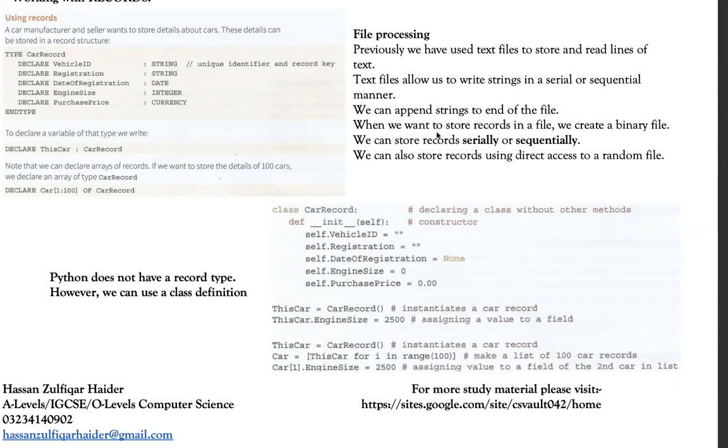But when you want to store records in a file, we create a binary file. We can store records serially or sequentially. Now, the difference between serial access versus sequential access, again, these are previous concepts from paper 3. The main difference is that serial access maintains order of data based on the time they were created.